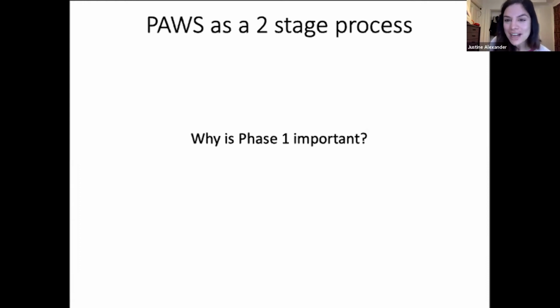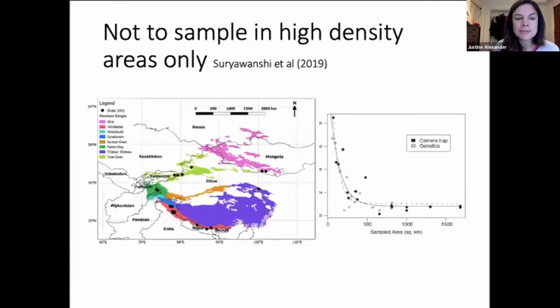These are all valid responses, but I think one of the main reasons to have phase 1 is that it helps us reduce potential biases in our national, regional, and global estimates. Some of you might be familiar with this publication by Suryawanshi et al. 2019. It suggests that if we only sample high density areas and use this data to extrapolate for regional or global estimates, one is likely to make biased projections.